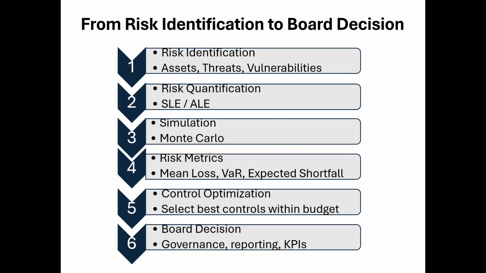And from the Monte Carlo simulation, we now have several risk metrics. You can compute the average. You can compute 95% VAR or 90% VAR, 99% VAR. It depends on the risk appetite of the company. And then you have the expected shortfall, the average value in excess of the VAR.